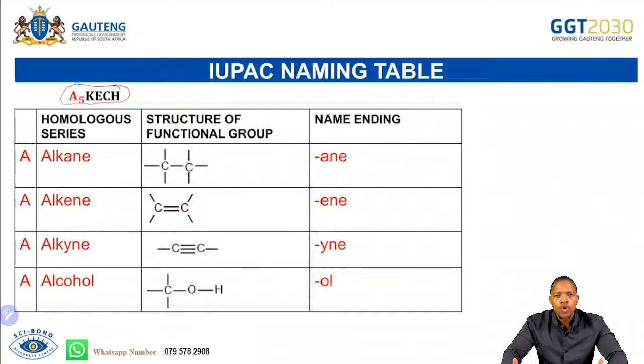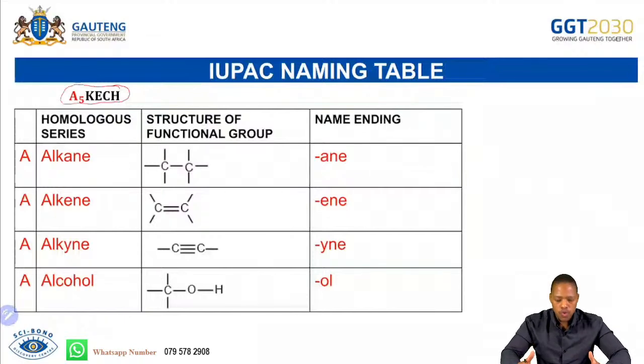So what I just say to my head is R5 catch. No one should be able to forget this. This is simple. R5 catch. What does R5 catch stand for? R5 catch tells me that I have 5 homologous series starting with the letter A, and then the rest of them start with the letters K, E, C, and H, making R5 catch. It should be simple.